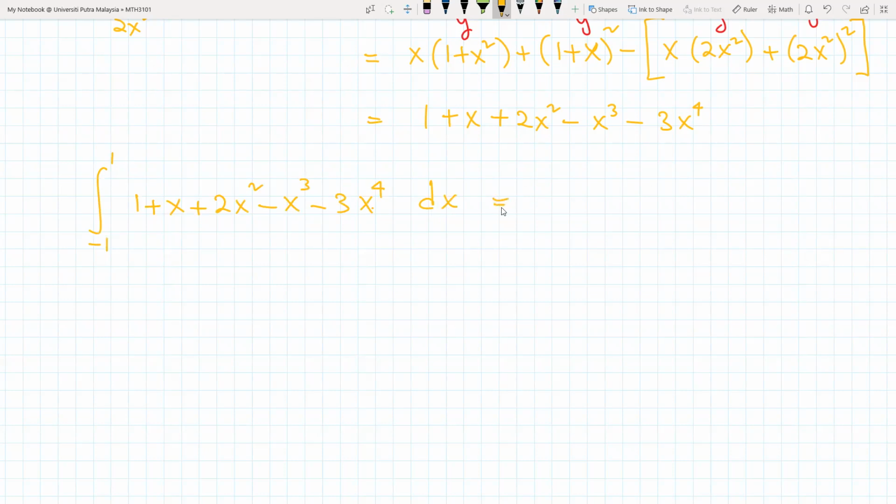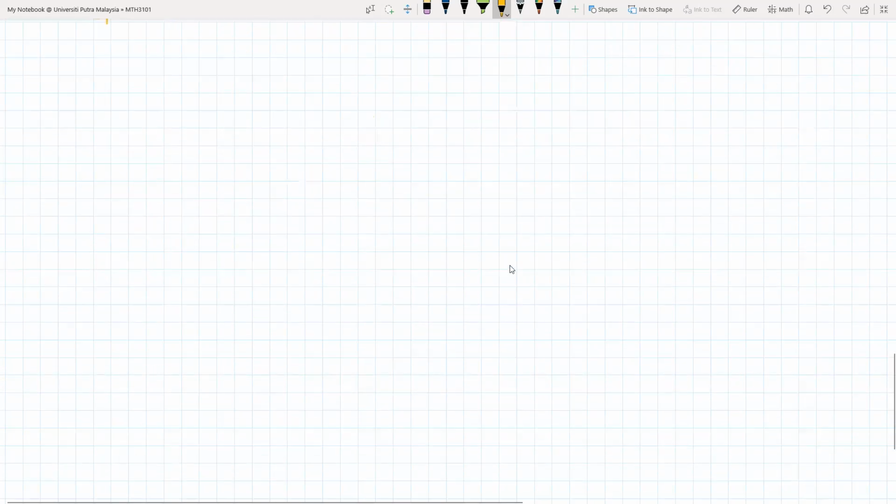So yang ni ringkas saja sebab dia adalah power rule. So saya tak nak selesaikan dah. Yang ni mudah je, awak boleh selesaikan sendiri. Okay, any questions so far? No. Tak ada, so yang ni ringkas je.